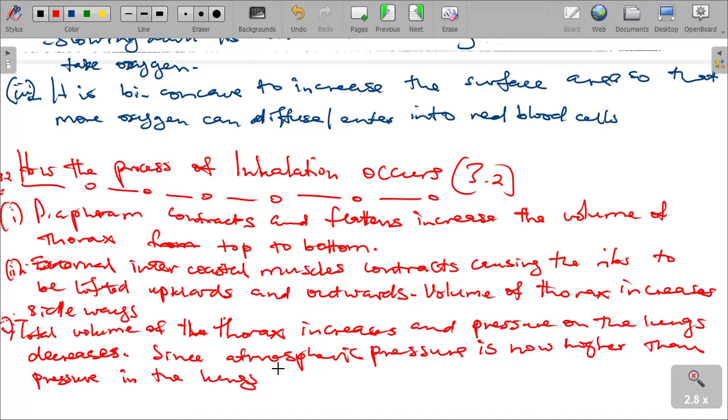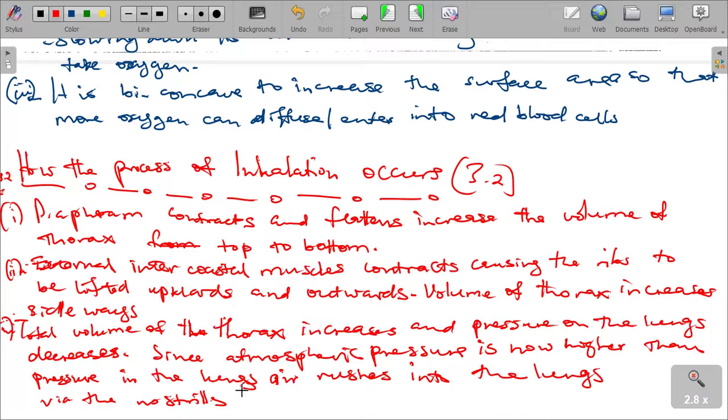We are saying air rushes into the lungs via the nostrils, or air is drawn into the air passage through the lungs.